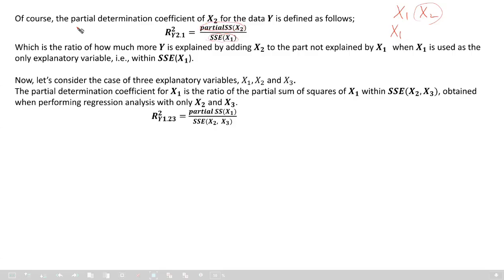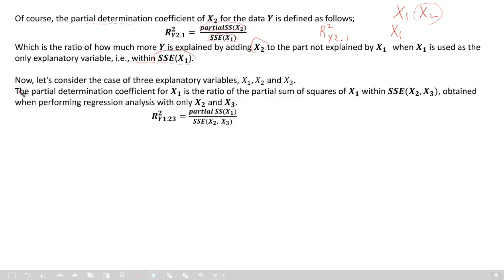We call the ratio the partial determination coefficient of x2, say R square y2 given x1. Get it? Which is a ratio of how much more y is explained by adding x2, okay, to the part not explained by x1 when x1 is used as the only explanatory variable, that is SSE of x1.